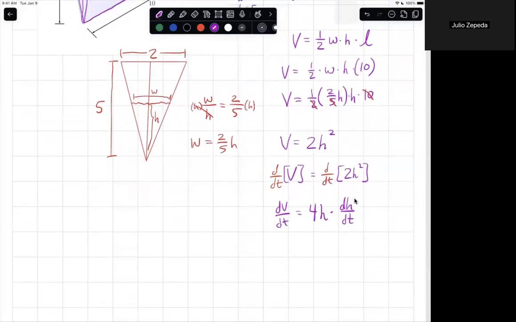And then we can just divide both sides by 4H.